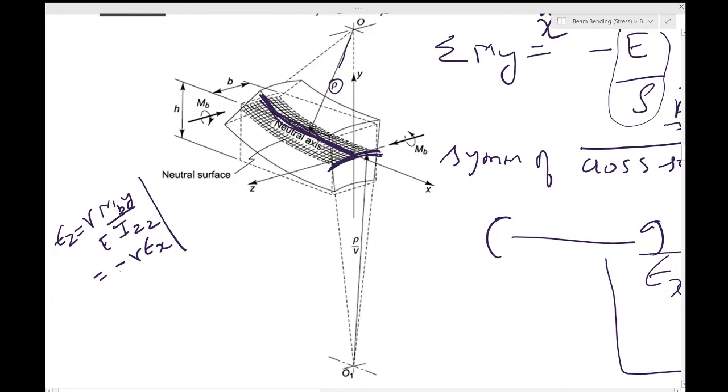Because it is in the negative sense, it will be concave down, and the curvature would be minus nu by rho in this case. So just like there's a minus nu factor over this. Now this transverse curvature of the beam is called anticlastic curvature.